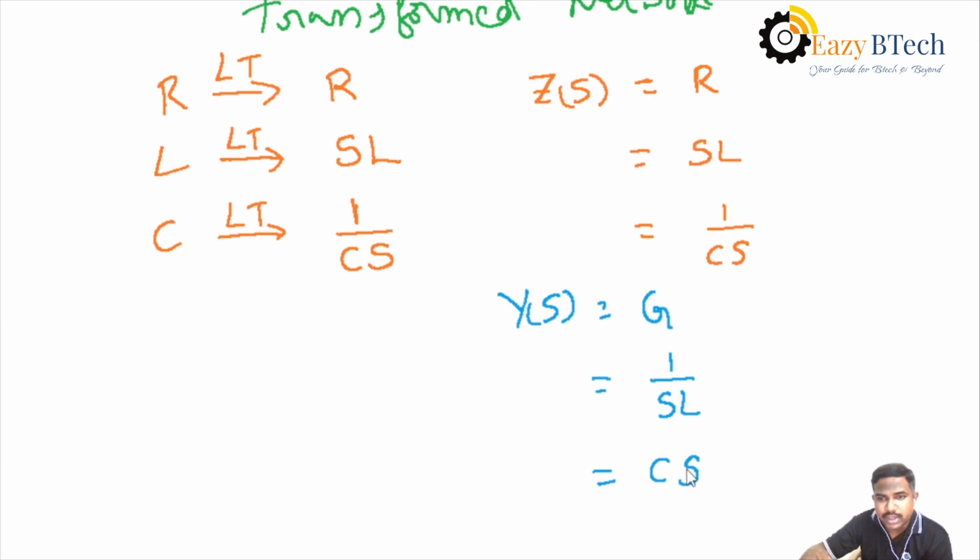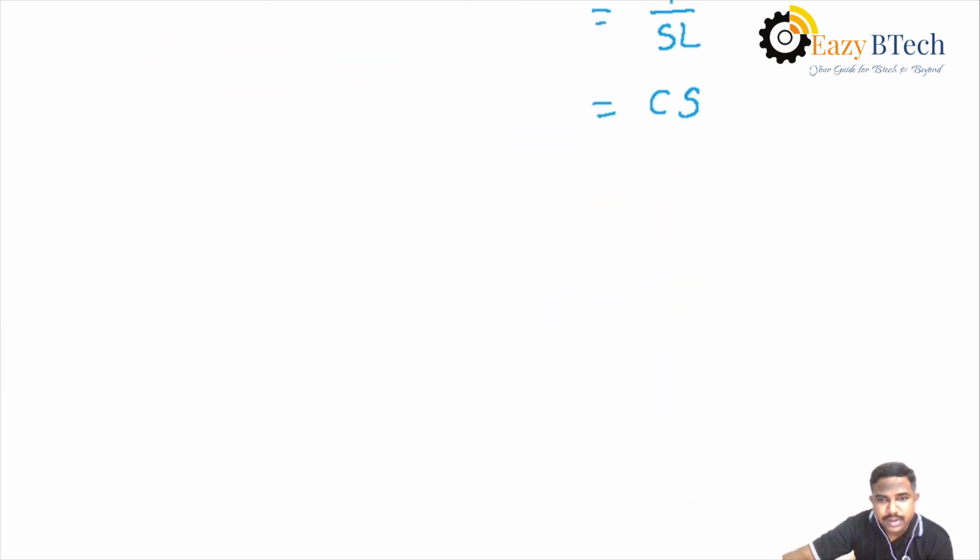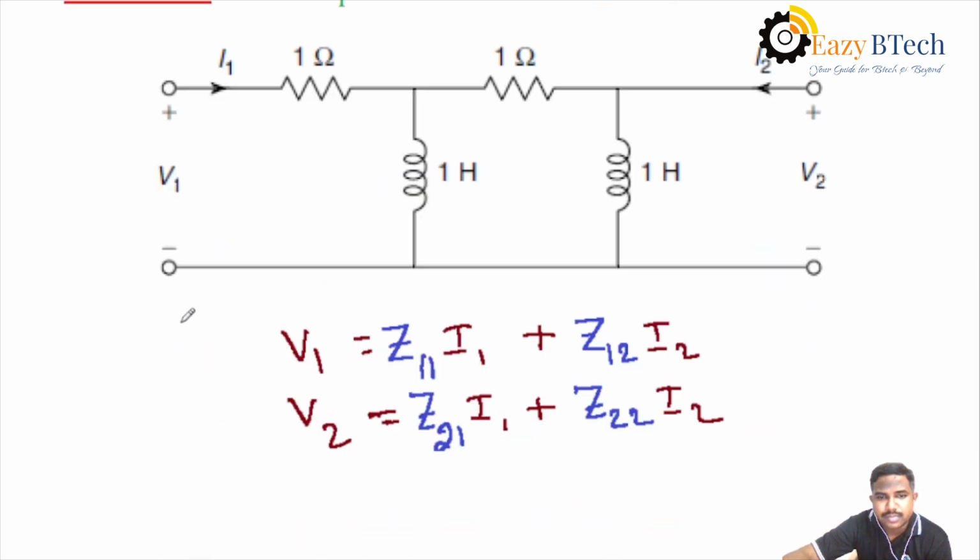Then you have to calculate the two-port network parameters by taking a simple example here. Consider the circuit here, and find out the Z parameters.